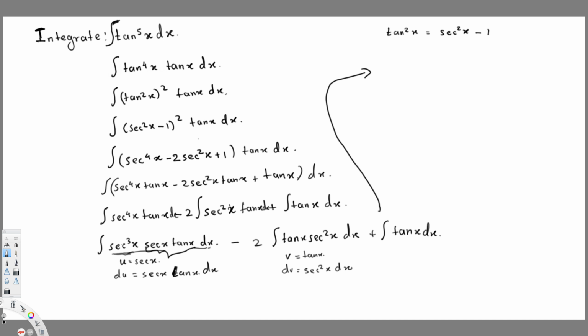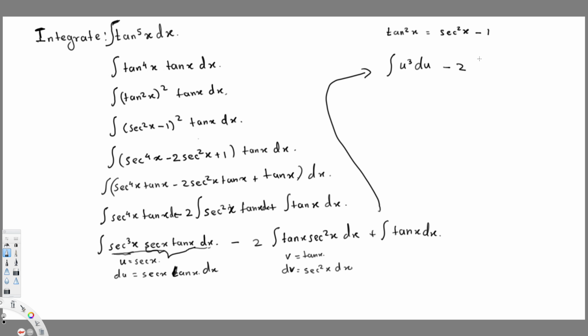Let's replace everything by u. We have u equal to sec x, so this is going to be u cube, and instead of sec x tan x dx I put du. So this is going to be u cube du, minus 2 times v, where v is tan x and dv is sec square x dx.